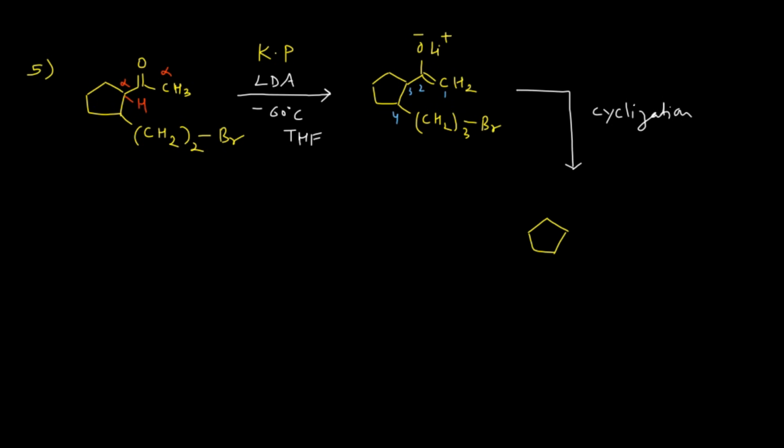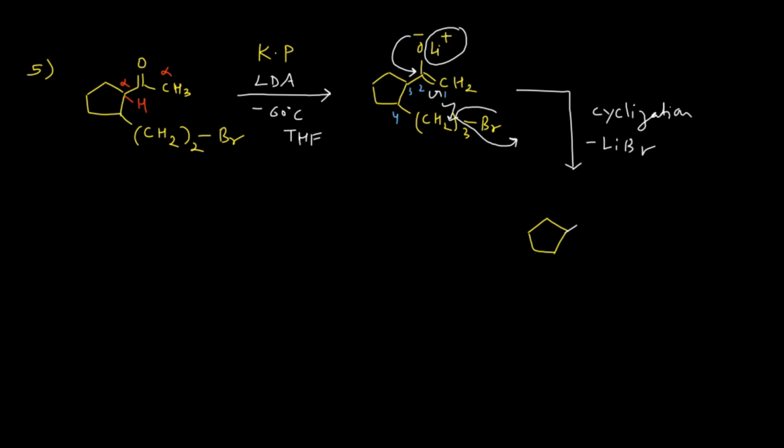You see, this will be removed as a negatively charged species from here, and lithium will go along with this Br, so minus LiBr would be there. This will be pushed back, and this will come here and join with the 7th carbon atom.